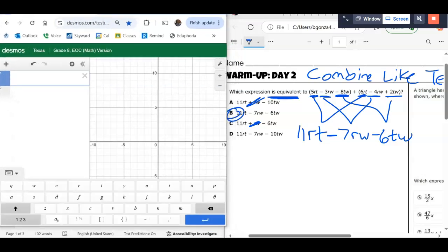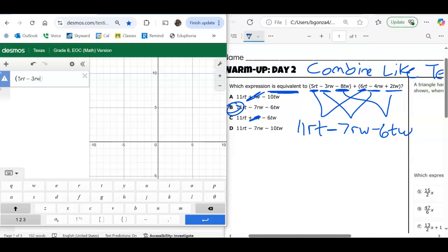So we do parentheses 5RT minus 3RW minus 8TW plus 6RT minus RW plus 2TW. Okay, so look, if I type it in, nothing. But do you remember this step? Is everyone locked in? Look over here.